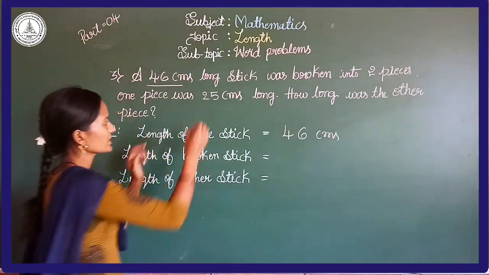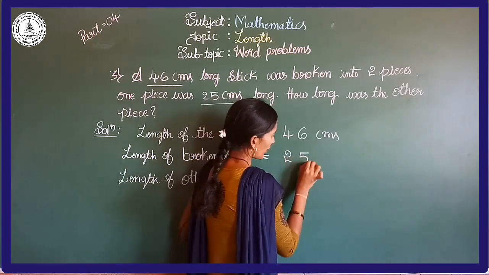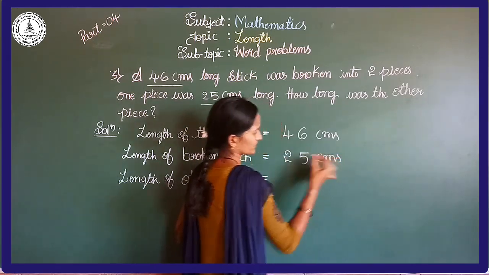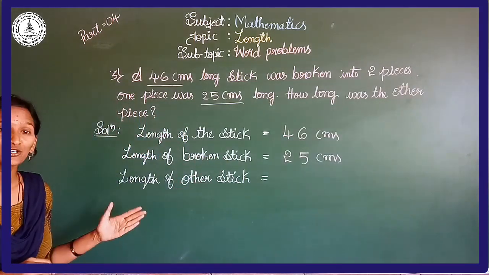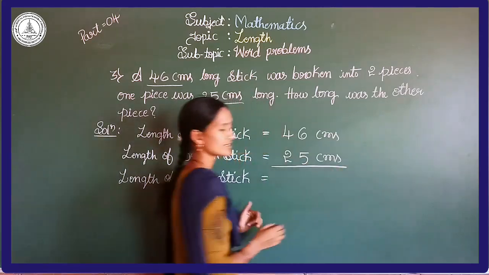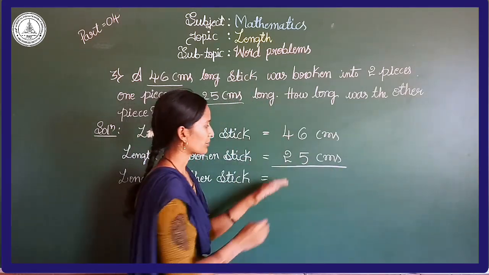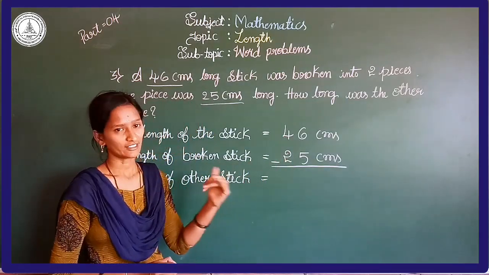How much? It is 25 centimeters. Write down here 25 centimeters. Next, you have to find out the length of the other piece. It means you have to subtract these two numbers. Then you get the length of the other piece.